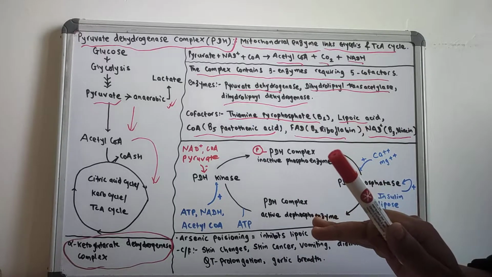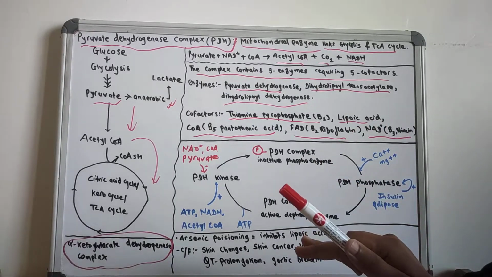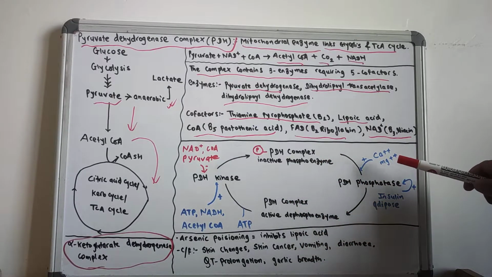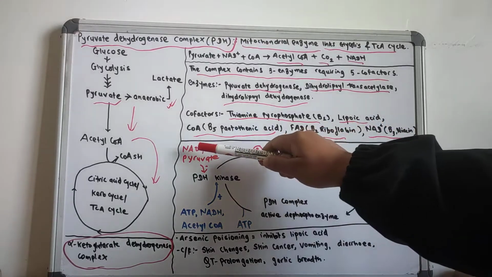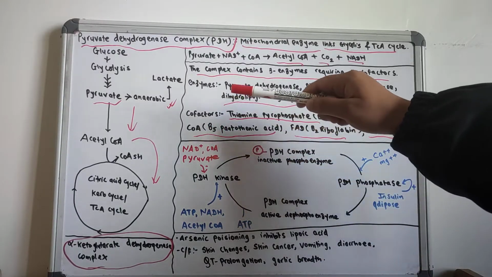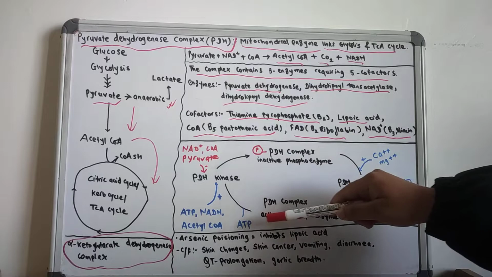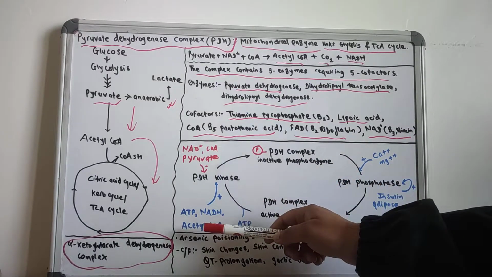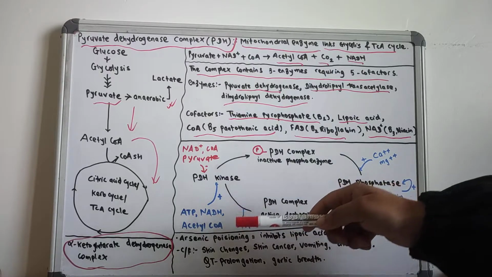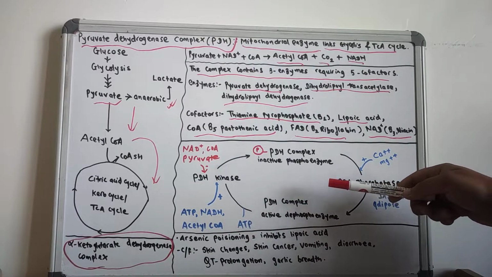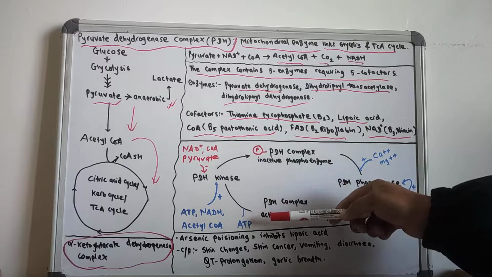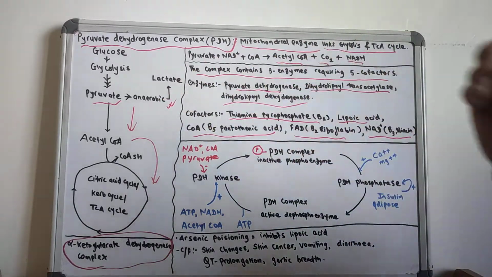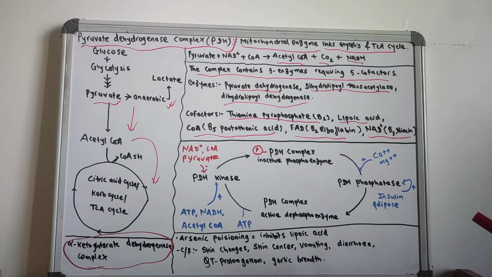So overall, calcium, magnesium, insulin, NAD plus, coenzyme A and pyruvate enhance the activity of the pyruvate dehydrogenase complex, whereas ATP, NADH and acetyl coenzyme A decrease its action. This is the main thing you have to know.